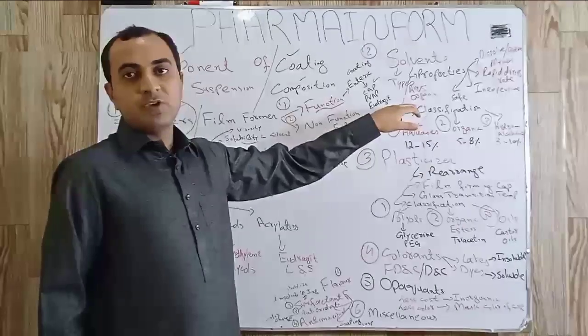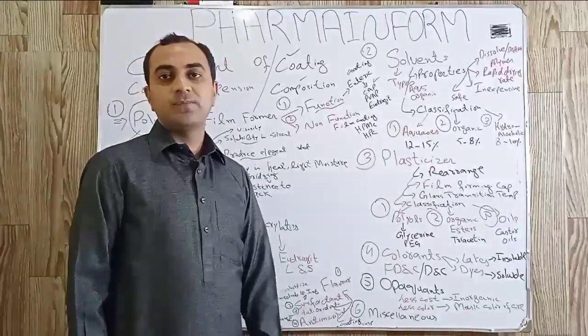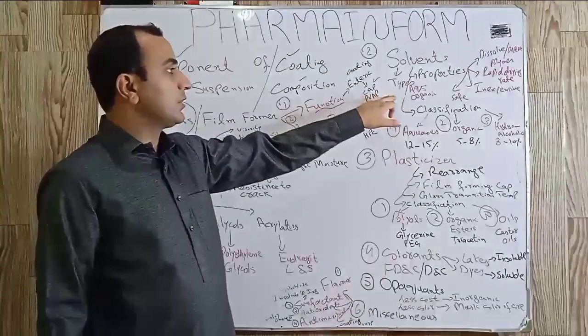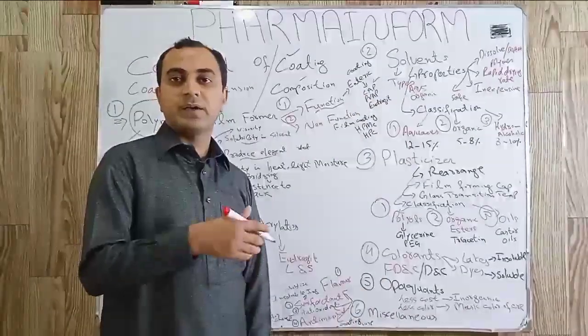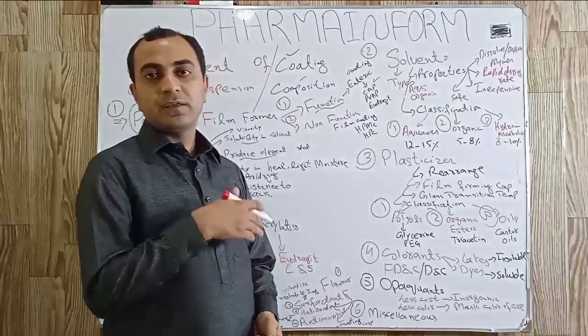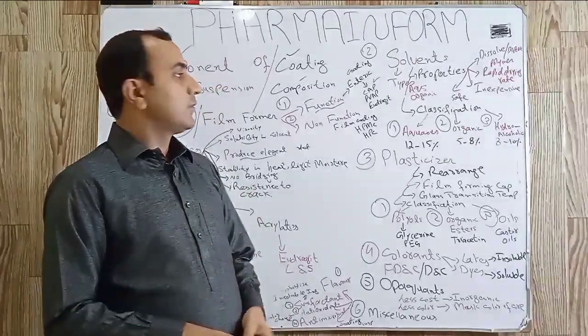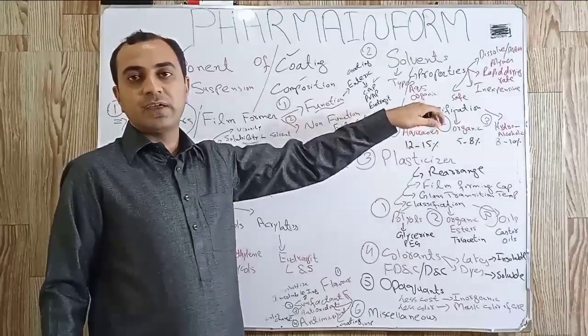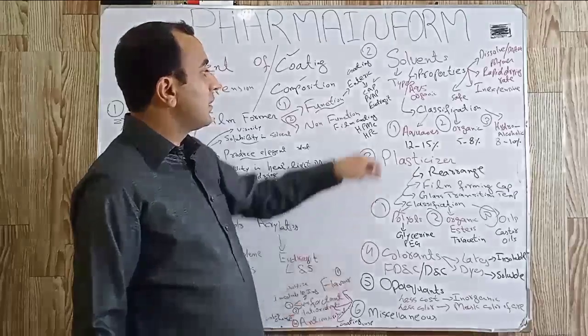In the case where we have a product which is sensitive to the water or moisture and we cannot use aqueous coating, there first we apply a seal coat of organic solvent, then we apply aqueous coating. So we try to reduce the usage of organic solvents as low as we can.